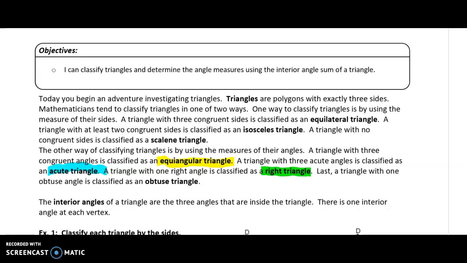It will be a right triangle if it has 1 right angle. And then finally, if it has an angle that measures more than 90 degrees, then it's going to be called an obtuse triangle. Again, these are the 4 ways of classifying a triangle based off its angles.